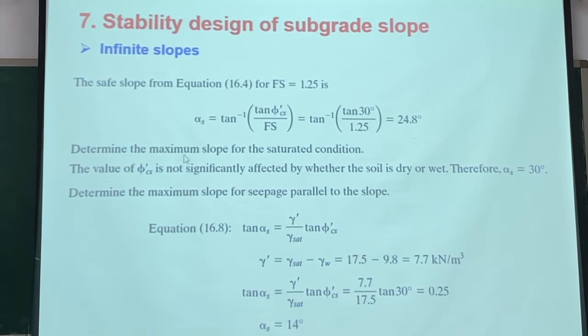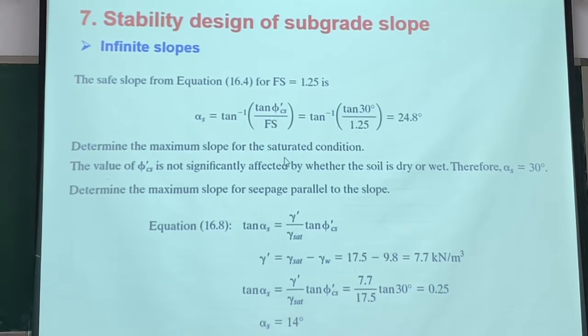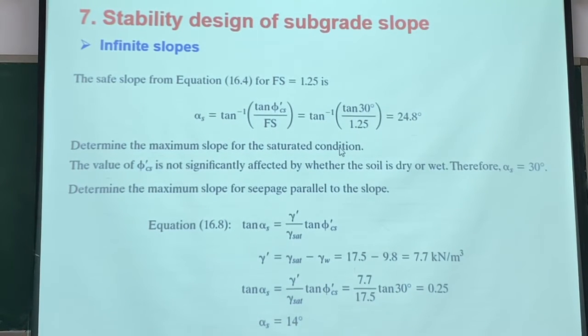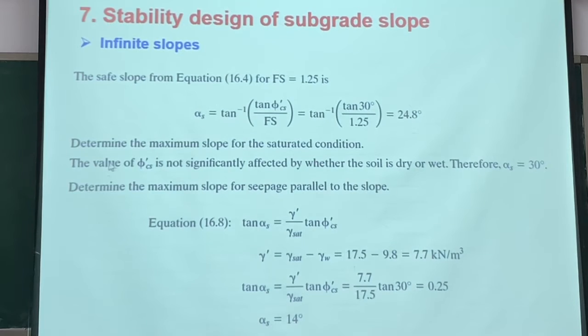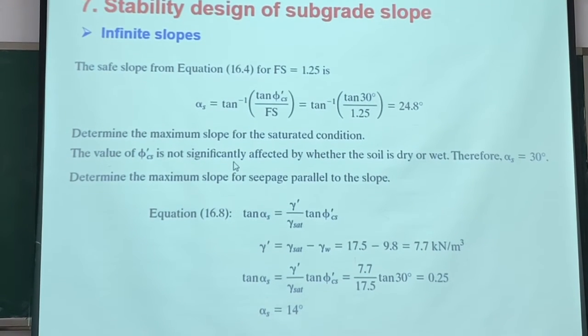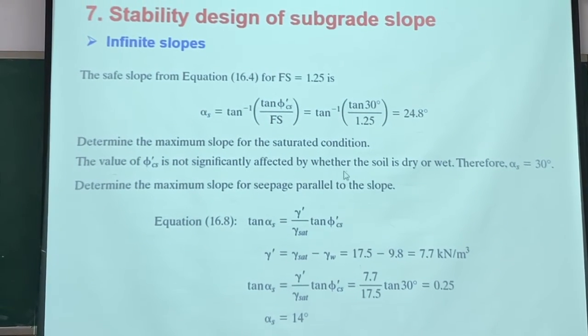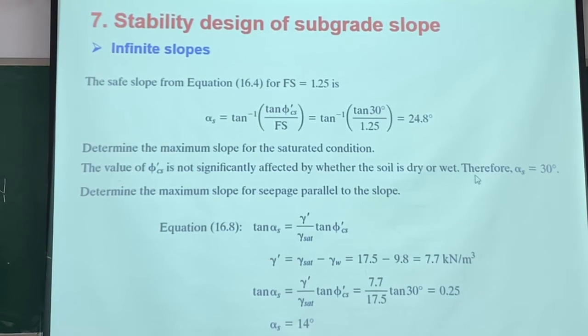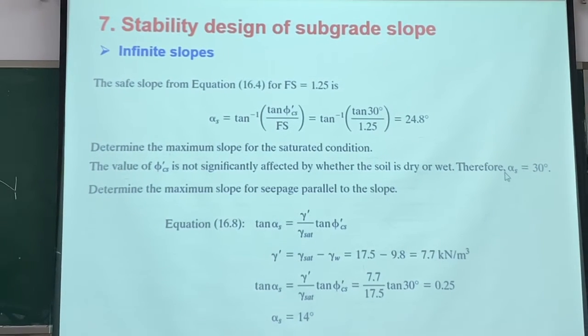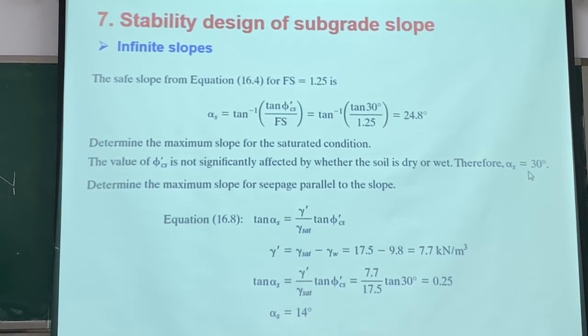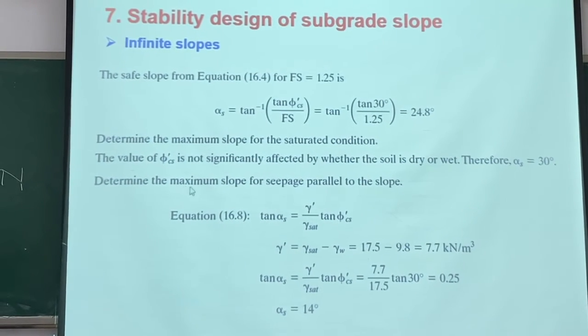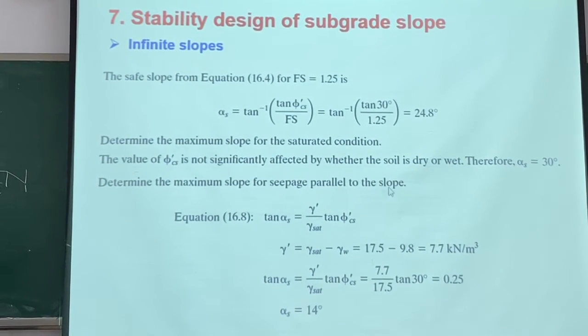And determine the maximum slope for the saturated condition. The value is not significantly affected by whether the soil is dry or wet. Therefore, alpha is 30. Determine the maximum slope for seepage parallel to the slope.